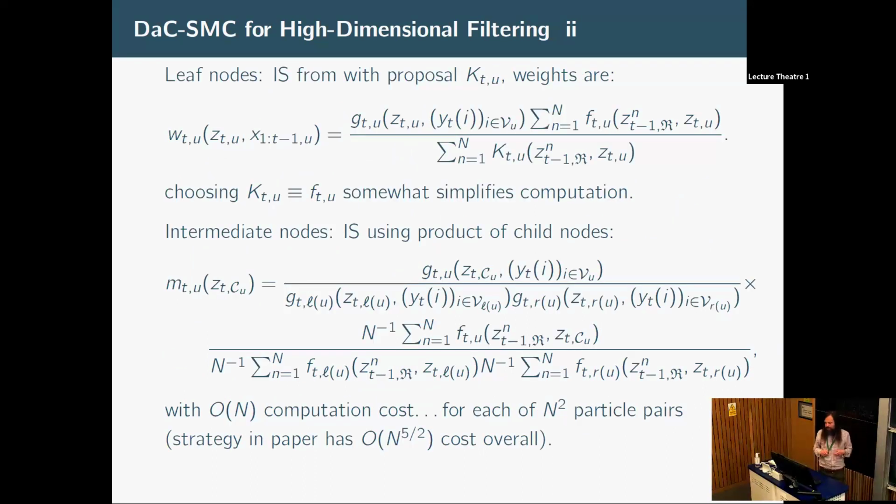And so you get some fairly messy kind of situations, but at the leaves, you sample from something, then you end up with a weight, which is the kind of likelihood and/or the proxy likelihood and the proxy transition dynamics. And as in the marginal particle filter, generally, if you choose to use the transition dynamics, then this simplifies that evaluation very considerably.